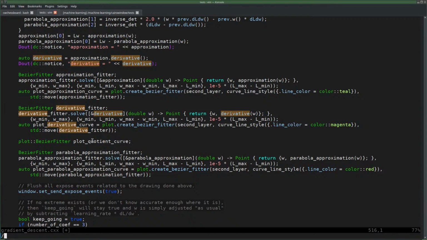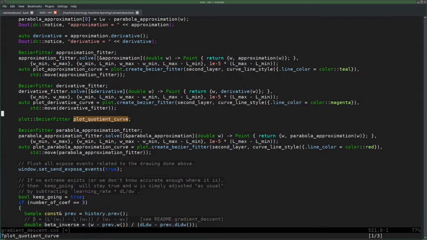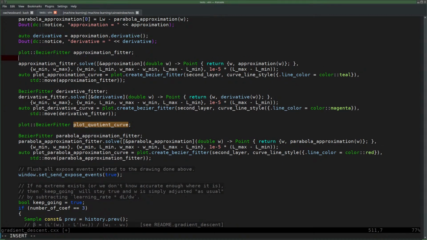See how that worked again. Yeah, I can do this. Add Bezier fitter instead of create Bezier fitter. So we make this a plot. And I'll call it as well a plot.